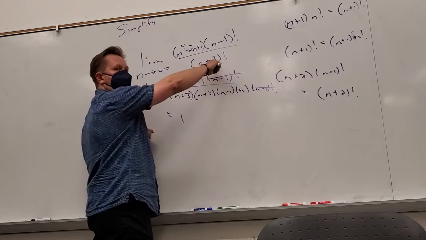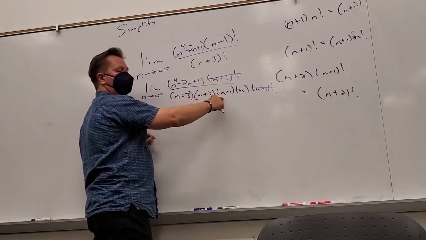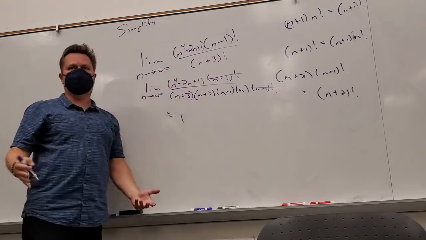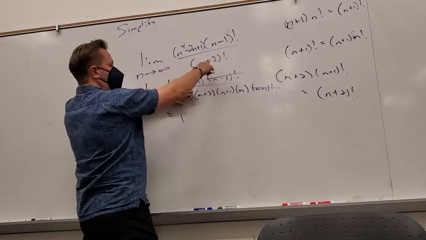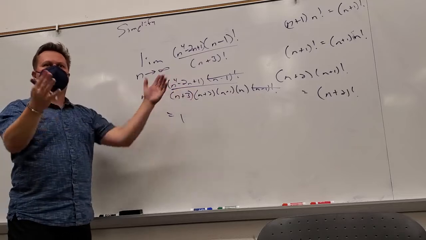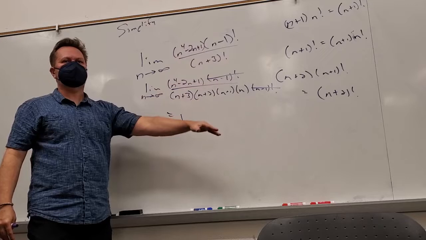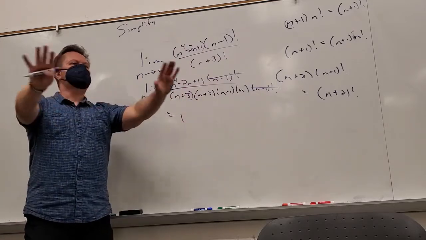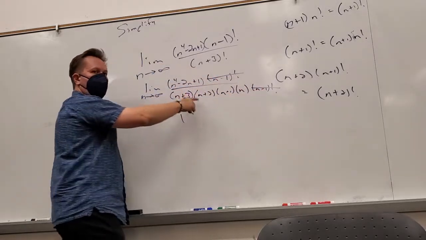If I would have put a 4 here, wouldn't there have been one more term? Then it would have been a 5th degree on the bottom, so what would the limit have been? 0. The bottom degree would be higher. If that would have been an n+2, one less term, top degree's higher, infinity. So once the factorial stuff cancels, it just becomes ratio of polynomials, easy, right? Once these cancel, the weird stuff's gone, normal stuff's back. Yay.